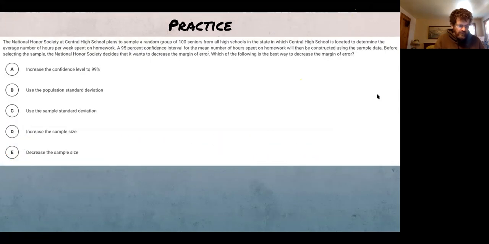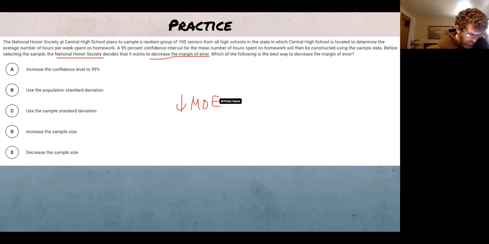Okay, another one that's kind of the same concept, but maybe a little more straightforward. We have a margin of error for a specific sample, but for this sampling, the National Honor Society decides it wants to decrease the margin of error. So to decrease the margin of error, we already talked about this. We have three things we can do. And this is for average number of hours per week spent on homework.